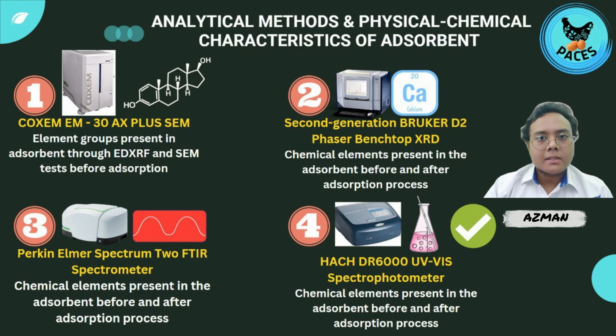The Perkin-Elmer Spectrum 2 FTIR spectrometer was used to display the infrared spectrum of the adsorbent before and after adsorption. The DR6000 UV-VIS was used to measure the initial and the final concentration of the solution after adsorption.